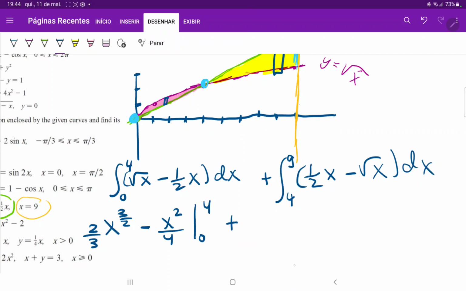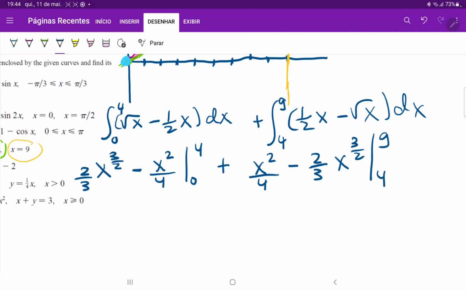And then plus x squared over 4 minus 2/3 x to the 3/2, from 4 to 9. So now all we have to do is plug in our boundaries.